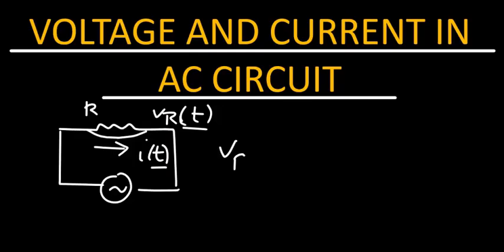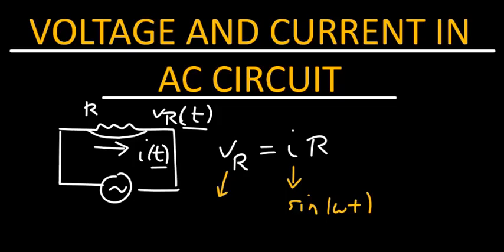We can immediately write VR equals IR, where R is the resistance of that resistor. What this means is, if the time-dependent current varies as, let's say, sine omega t, then the voltage across the resistor will also vary as sine omega t.